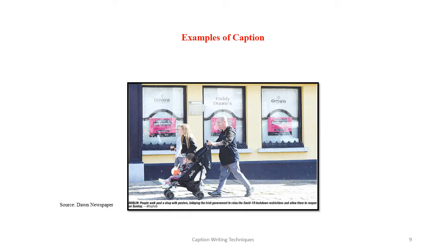Look at some examples and it will enable you to understand how captions work. This caption says people walk past a shop with posters lobbying the Irish government to relax the COVID-19 lockdown restrictions and allow them to reopen on Sunday.